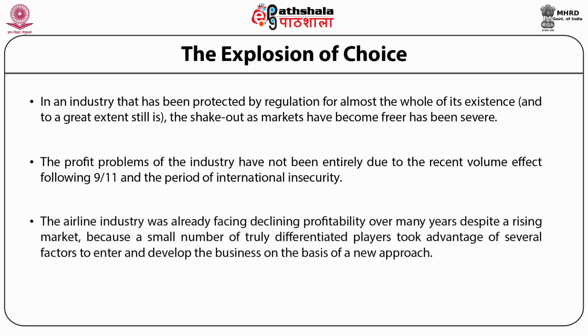The airline industry was already facing declining profitability over many years, despite a rising market, because a small number of truly differentiated players took advantage of several factors to enter and develop the business on the basis of a new approach.